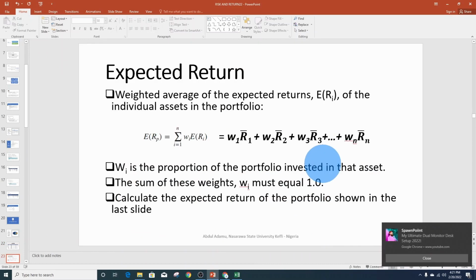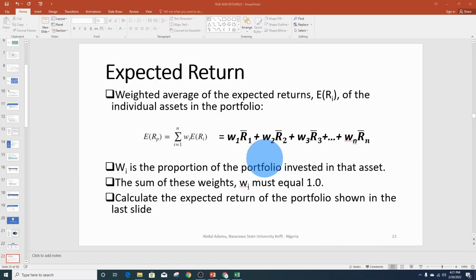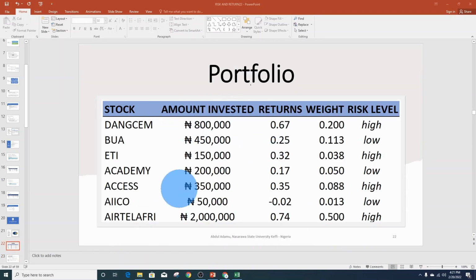Then to calculate the expected return, all we do is multiply this by this, plus this times this.